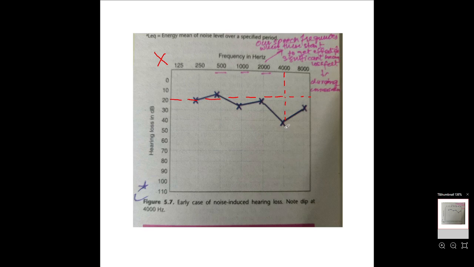As you can see, there is a dip, and this dip is called Carhart's notch. And if there is a Carhart's notch at 4000 frequency, it means it is noise induced hearing loss, because noise induced hearing loss always starts at 4000 hertz.